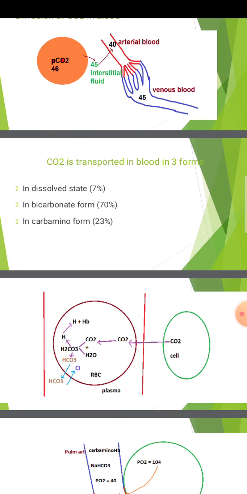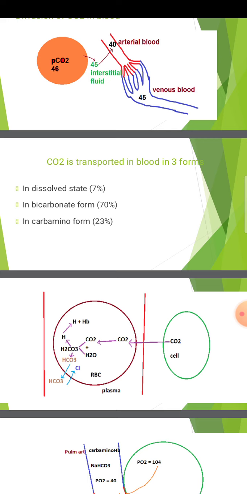CO2 is transported in the blood in three forms: in the dissolved state, in the bicarbonate form, and in the carbamino form. So let's talk about the transport of CO2 in the dissolved form. Before this, I would like to tell you how much CO2 travels in the blood.